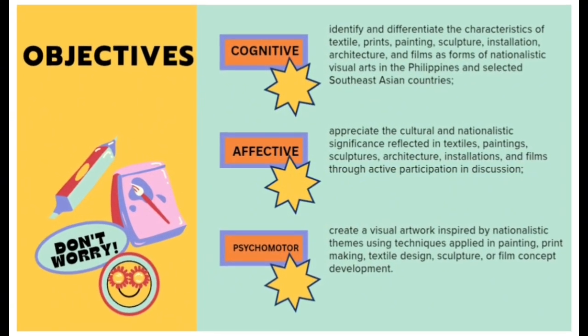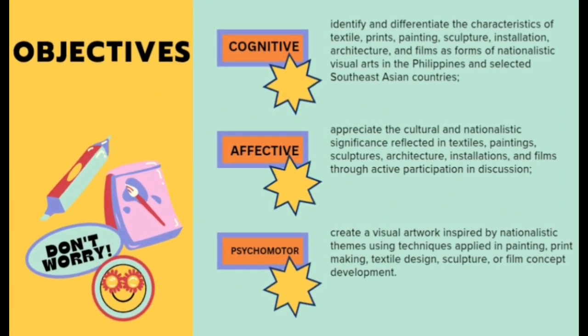Appreciate the cultural and nationalistic significance reflected in textiles, paintings, sculptures, architecture, installations, and films through active participation in discussion. Create a visual artwork inspired by nationalistic themes using techniques applied in painting, printmaking, textile design, sculpture, or film concept development.